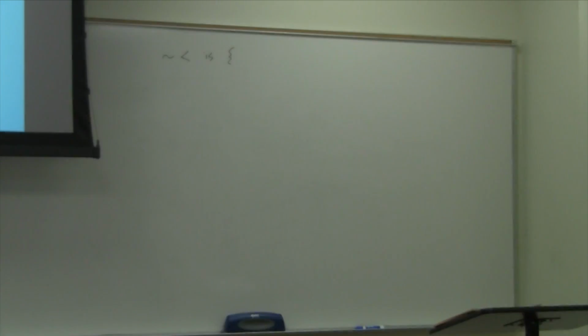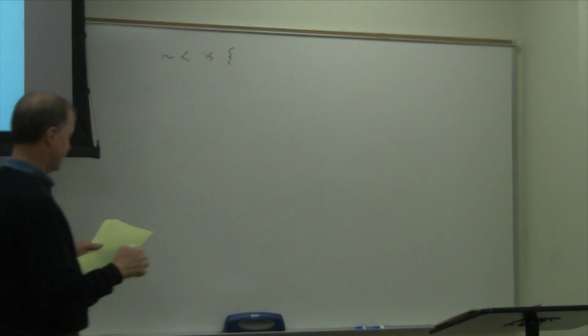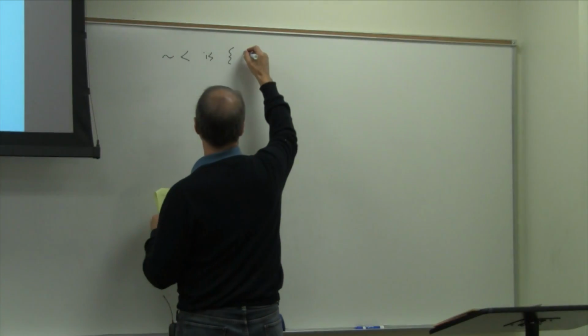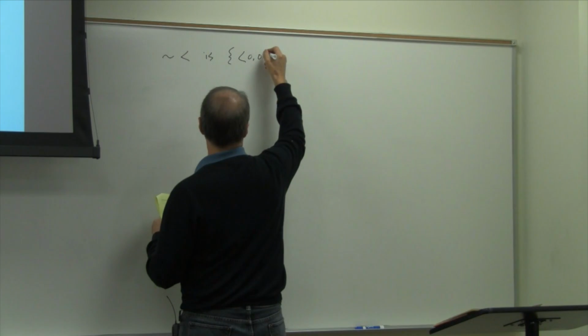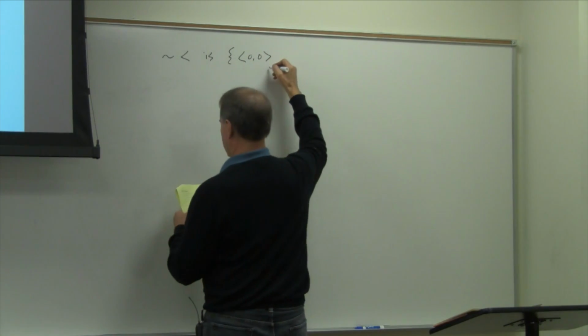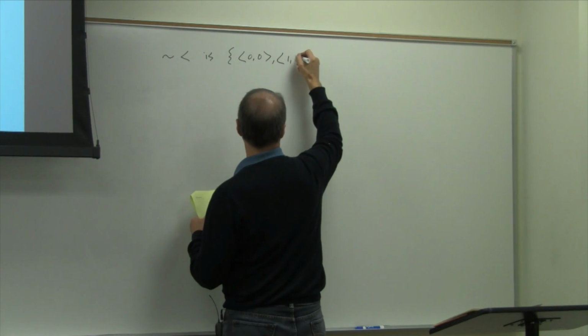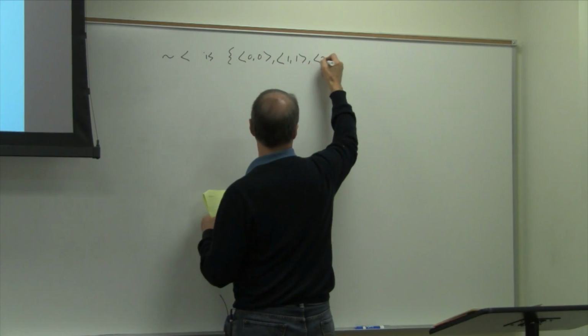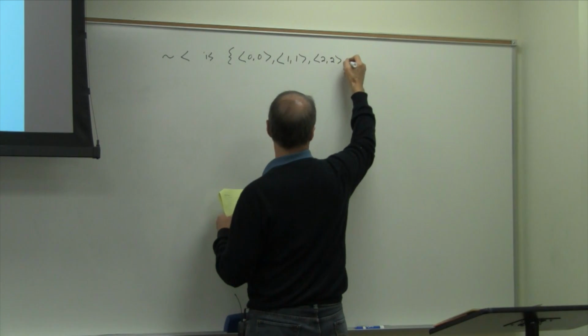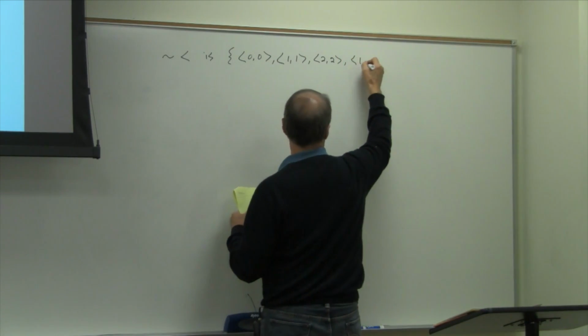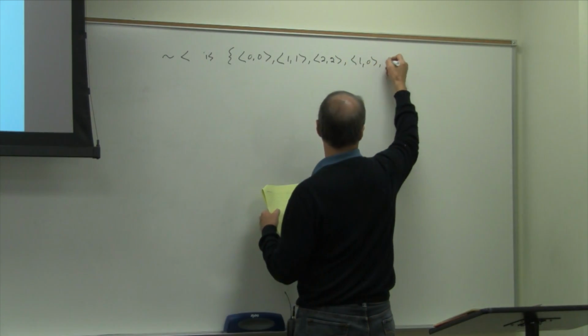1, 0, 2, 0. 0, 0, 1, 1, 2, 2. Yeah, 0, 0, or equal to. 0, 0, 1, 1, 2, 2. 1, 0, 2, 1, you say?